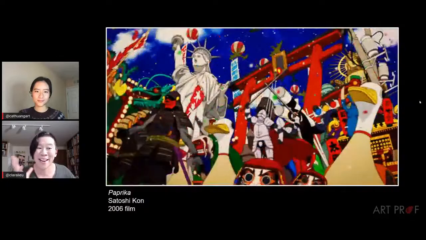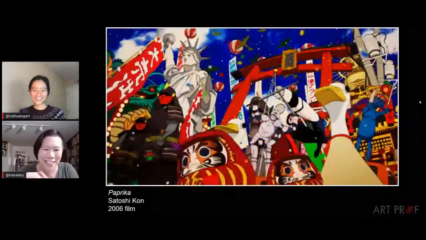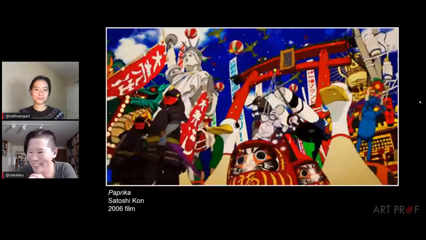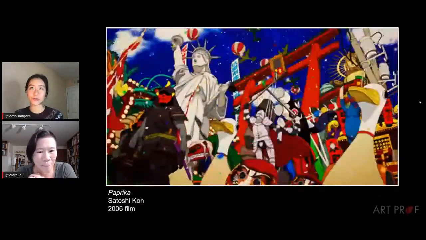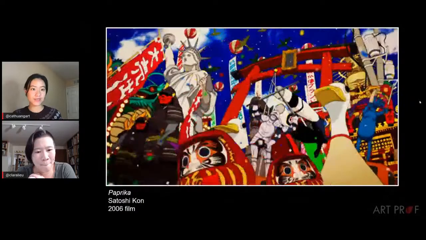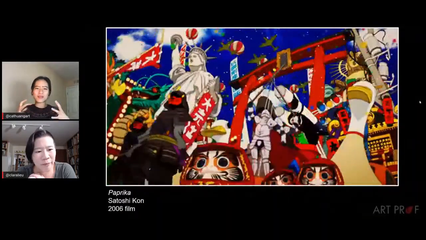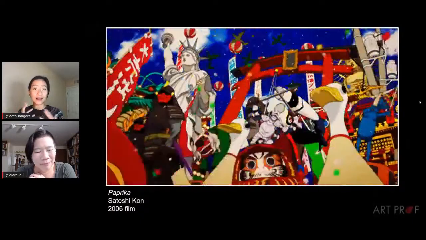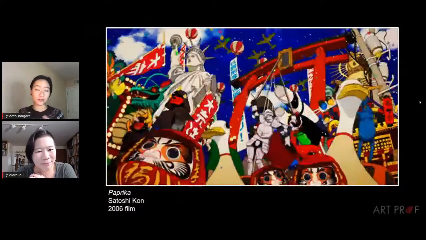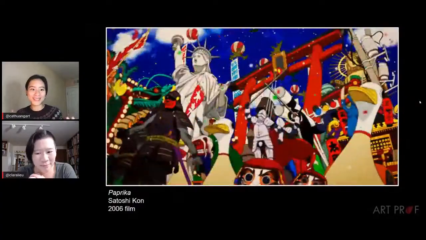This is a crazy still from Paprika, which is a Satoshi Kon film. So I almost wanted to include this slide in the artificial light during the day section of this slideshow, because everything is just so unnaturally saturated. I assumed that maybe there is an unnatural light source coming from multiple places.